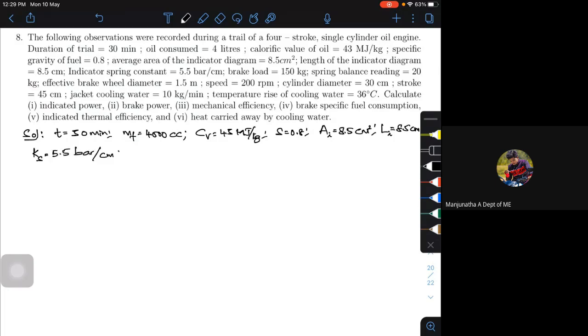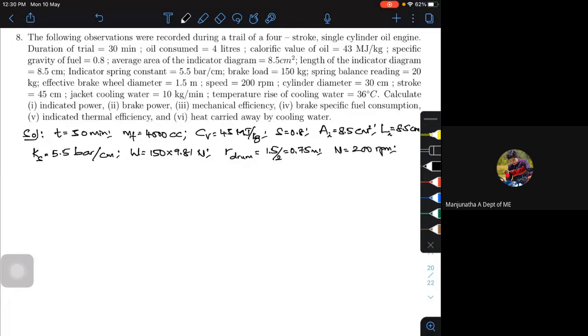Then the load, it is 150 kg, so it should be in newtons. It will be 150 into 9.81 newtons. The brake drum diameter is given, so the radius of the brake drum, R drum, is equal to 1.5 divided by 2, it is 0.75 meters. Speed 200 rpm.